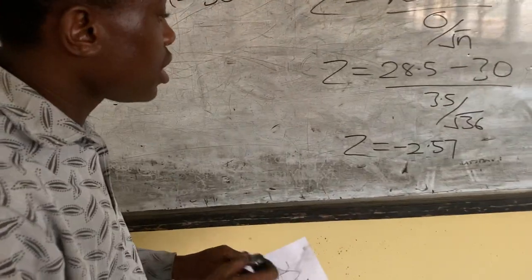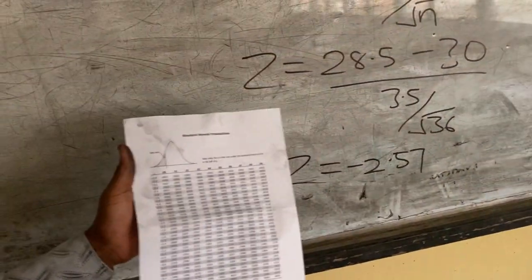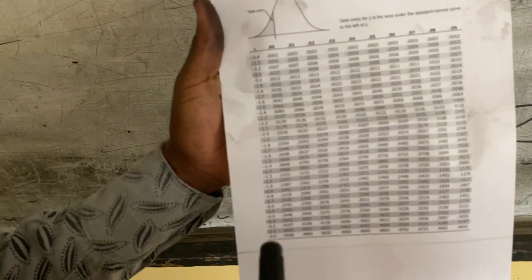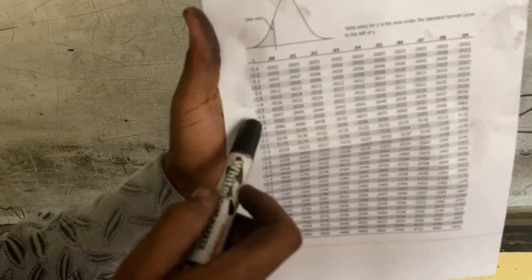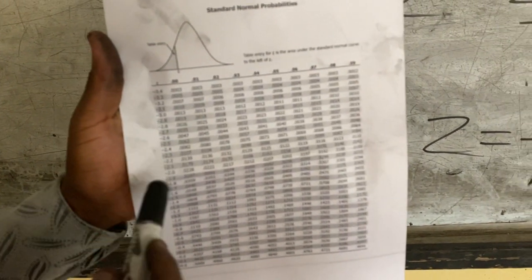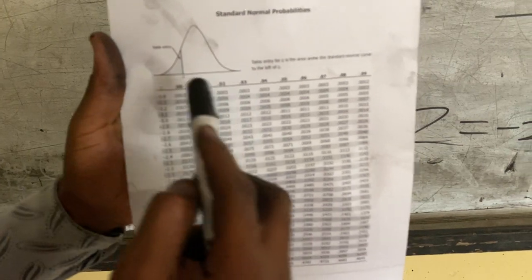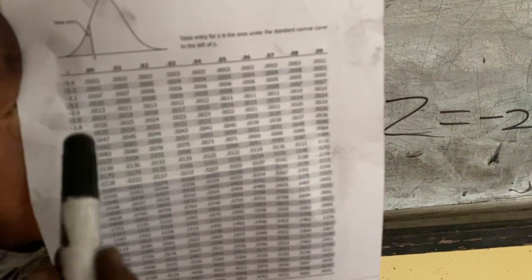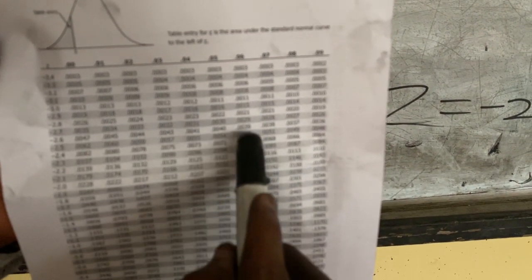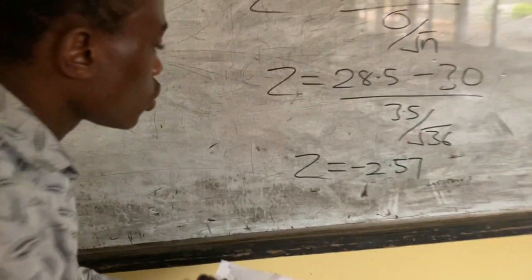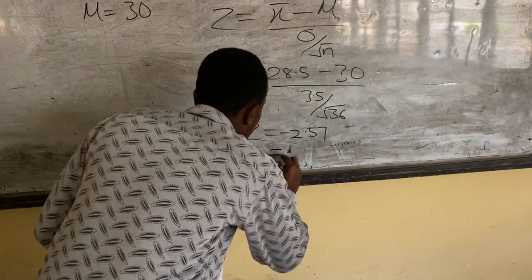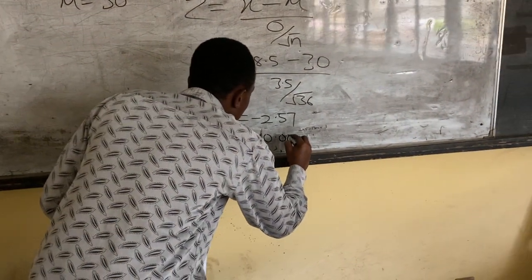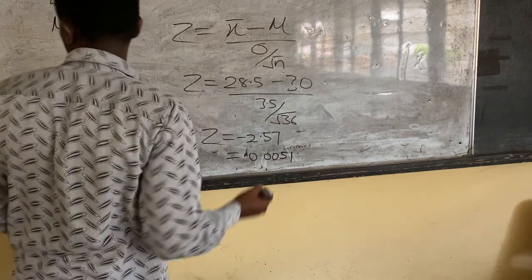We come to the z table and take negative 2.5 on the vertical side and 0.07 on the horizontal side, and that gives us 0.0051.